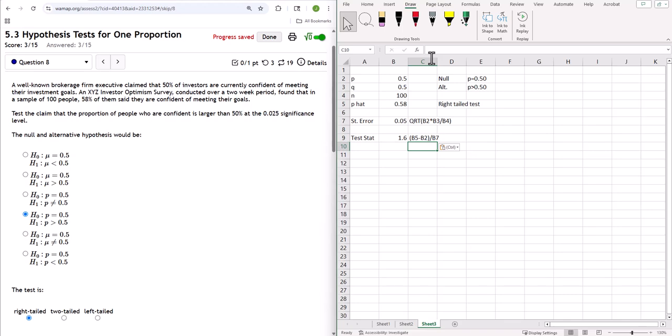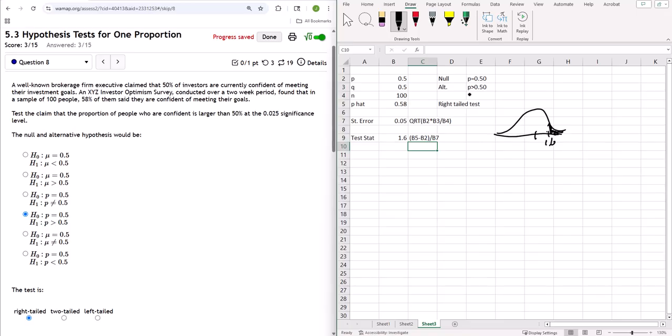So if I draw my little picture, I got my normal distribution, so remember zero is here, 1.6 is somewhere over here, and I am right-tailed, so this is my p-value here.